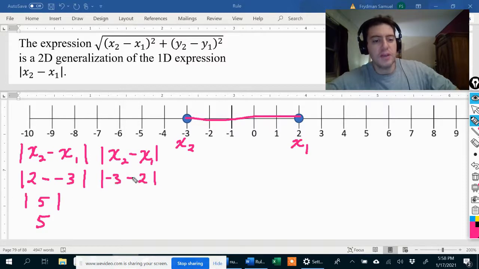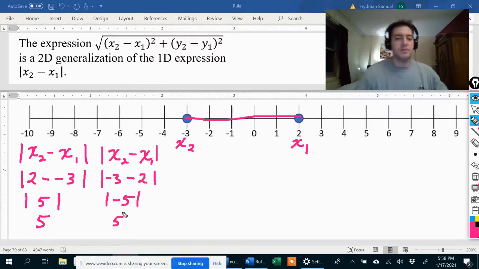So negative 3 minus 2 is negative 5. So now I have the absolute value of negative 5, and the absolute value of negative 5 is also just 5. So it doesn't matter which one I call x1 and x2 if I'm using this expression, because of these absolute value symbols here, which in the end just make sure that my answer is positive.